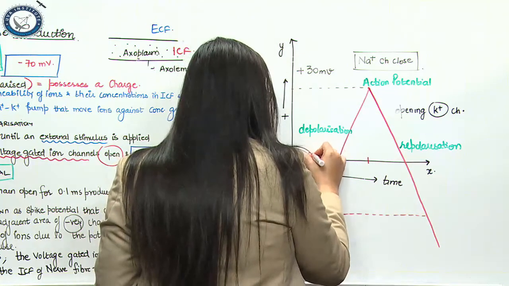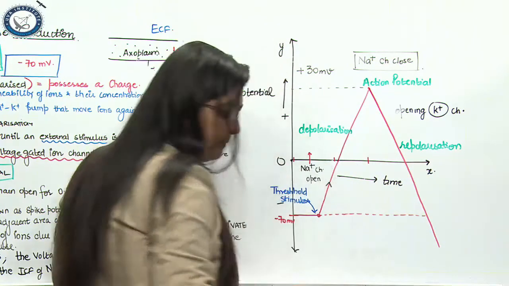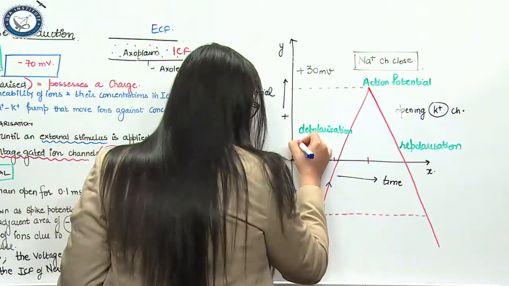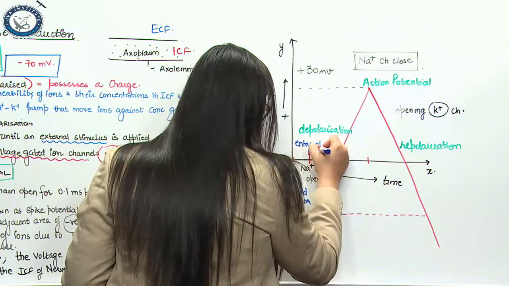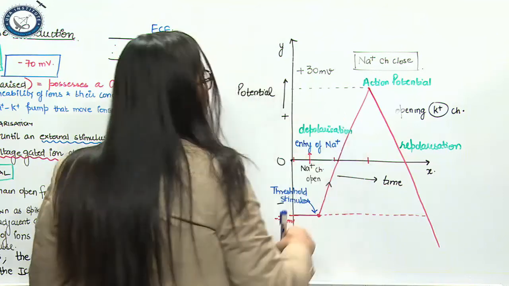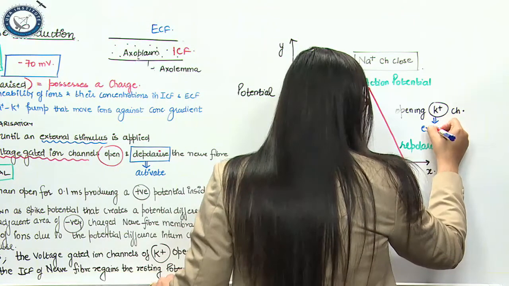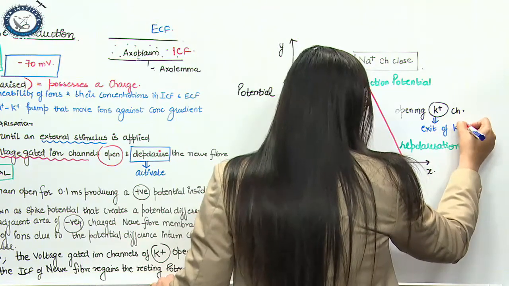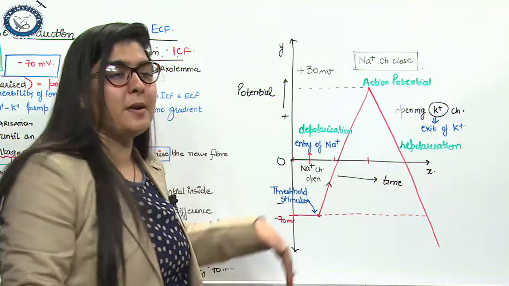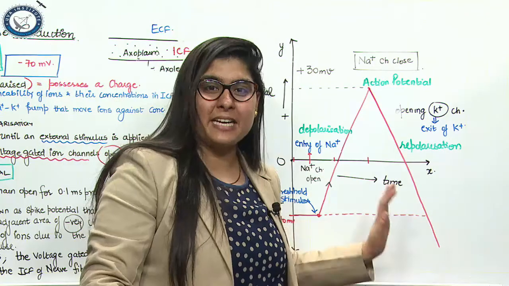The opening of sodium ion channels led to entry of sodium, therefore an increase in the positive charge, whereas opening of the potassium ion channels will lead to exit of potassium and a change from positive charge to negative charge.